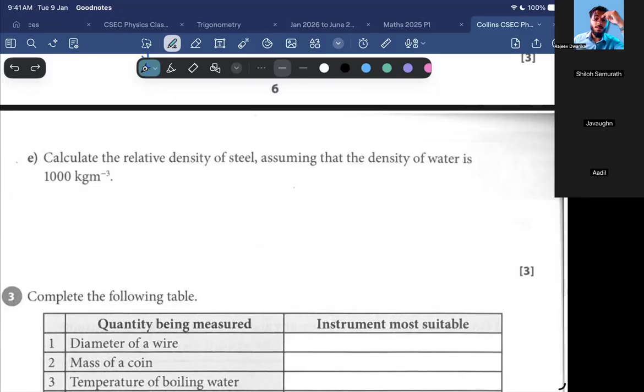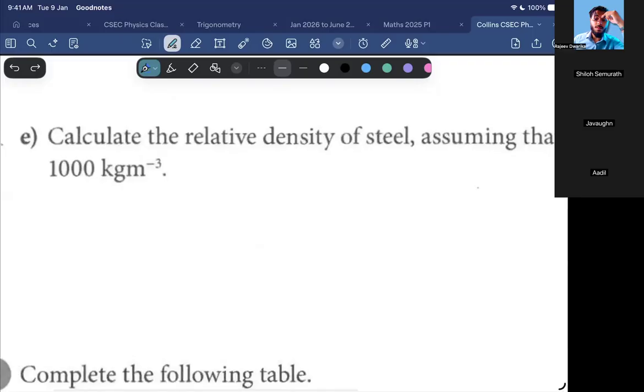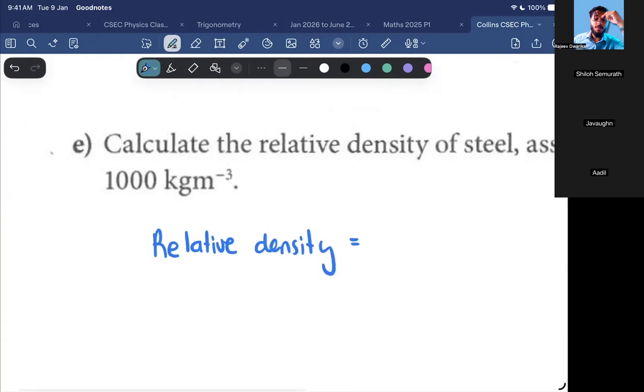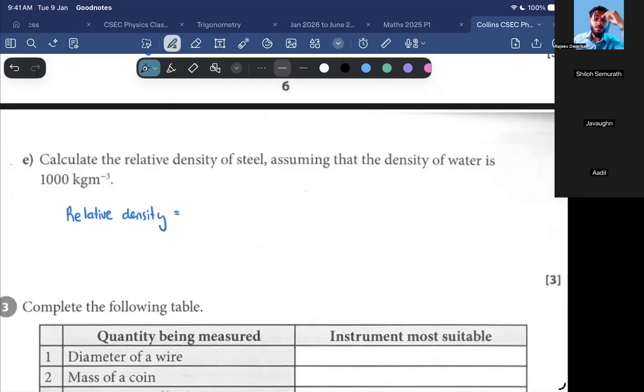The density of water. Right. So it's a really simple formula. Very, very simple. So relative density is just going to be the density of the substance over the density of water.